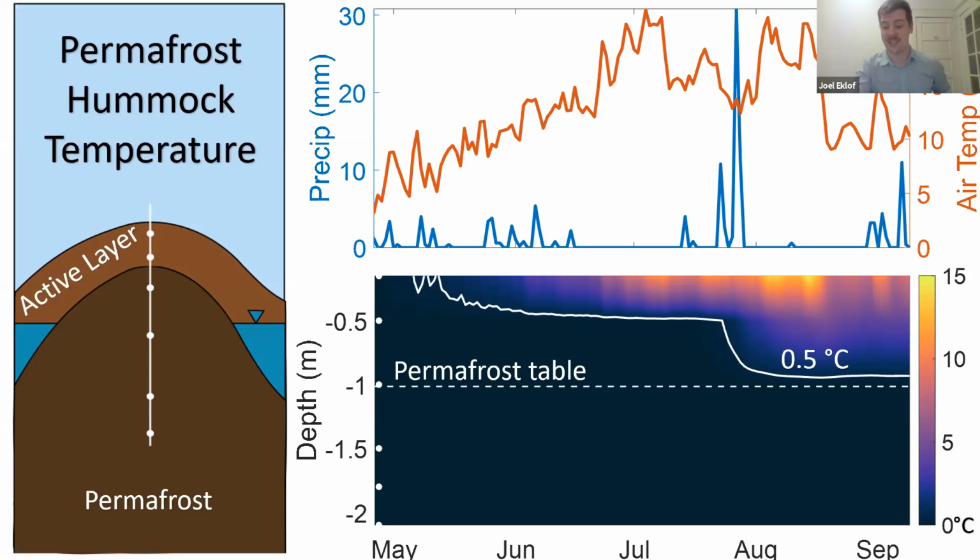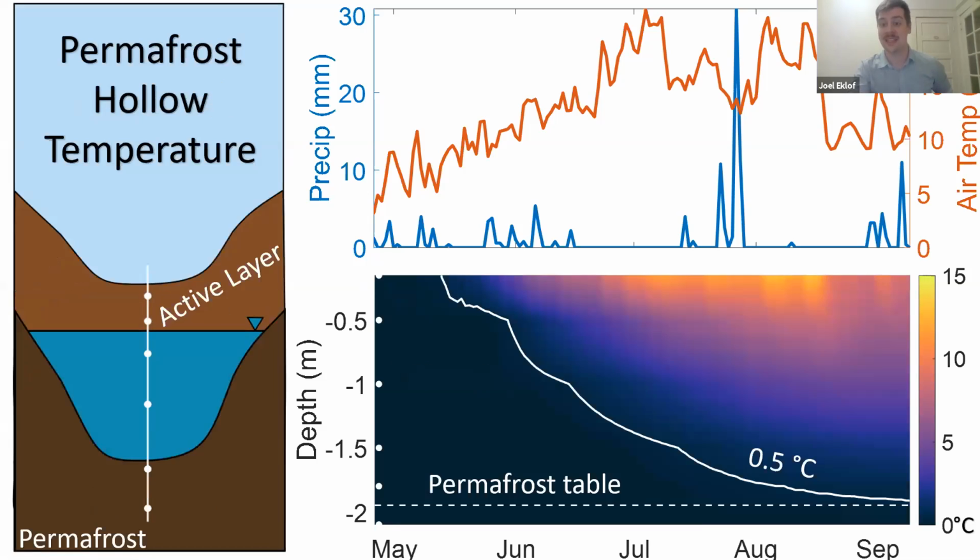Not all locations were this extreme in response. In our permafrost hollows, the hollows are local low points that have a much deeper depth of permafrost and a pretty high proportion of saturated soils, depending on the part of the summer. We do not see a massive response in the same way we do with the hummocks with that large rain event.